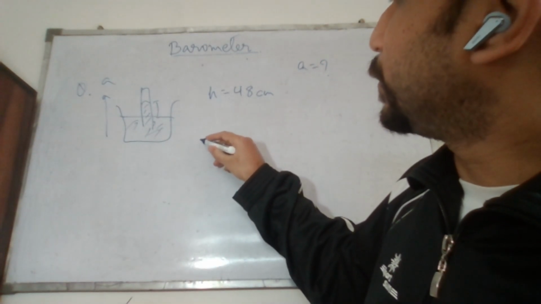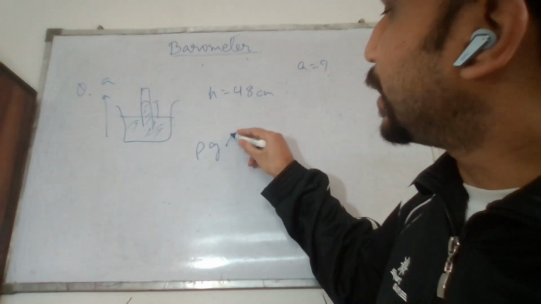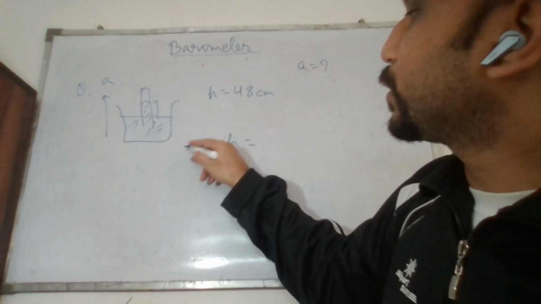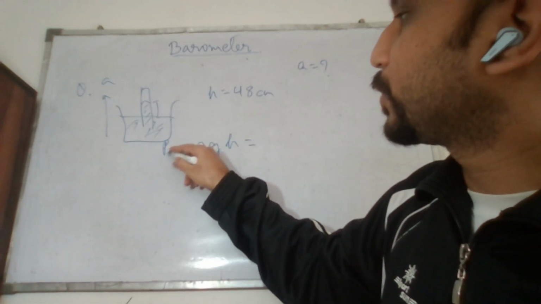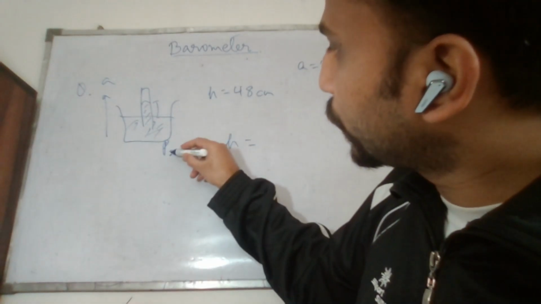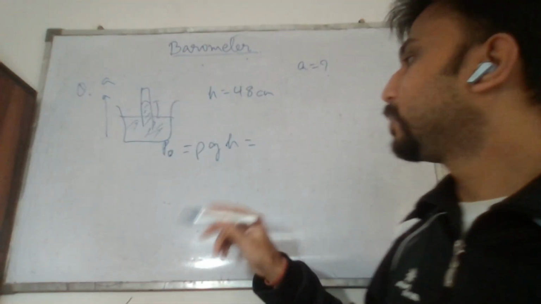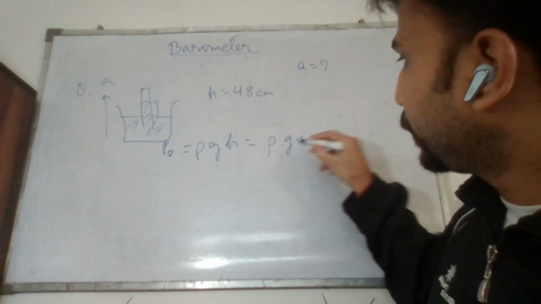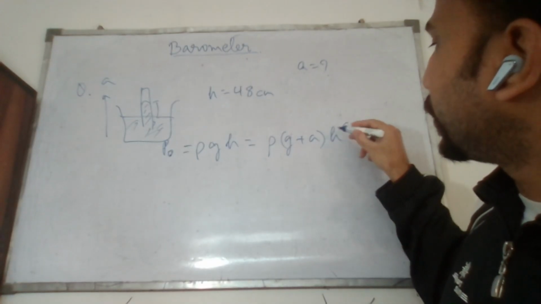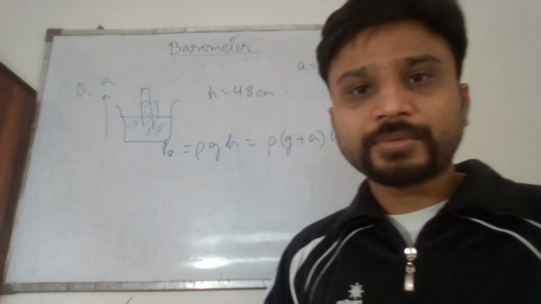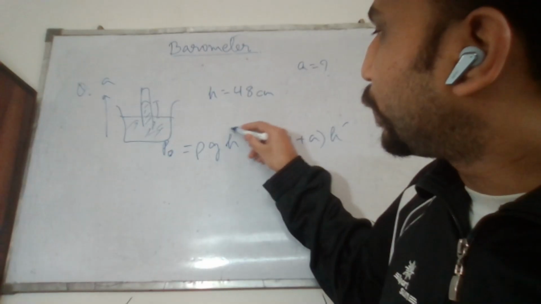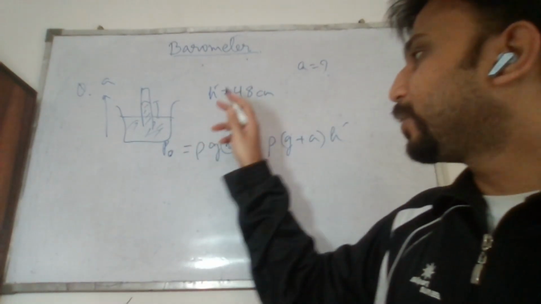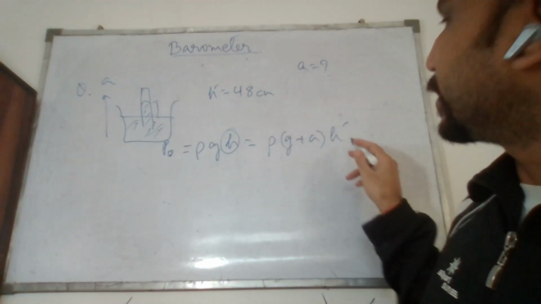So the earlier value of rho gh was equal to the atmospheric pressure earlier. Now its value has changed to rho g plus a into h dash. So h was the earlier value of height of the mercury, and h dash is the new height.